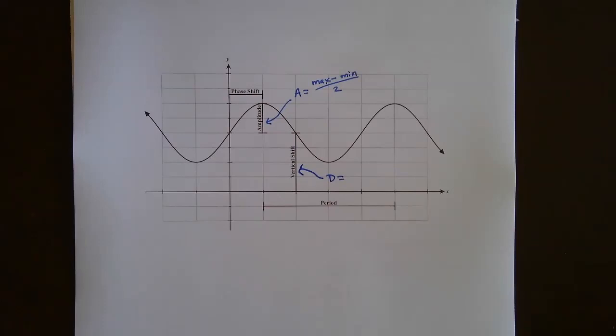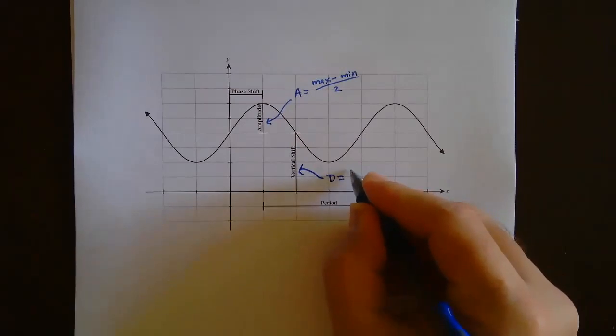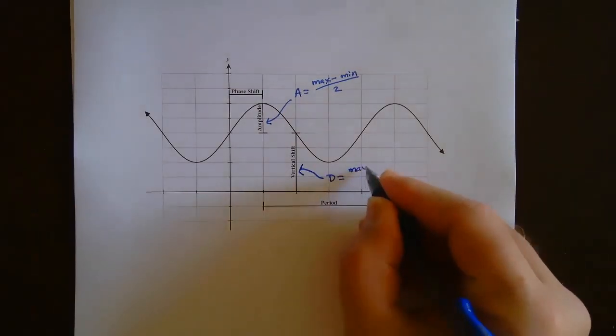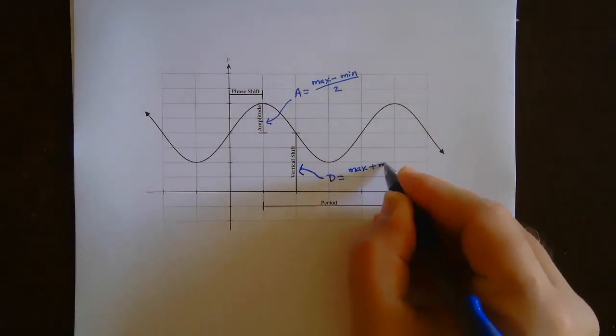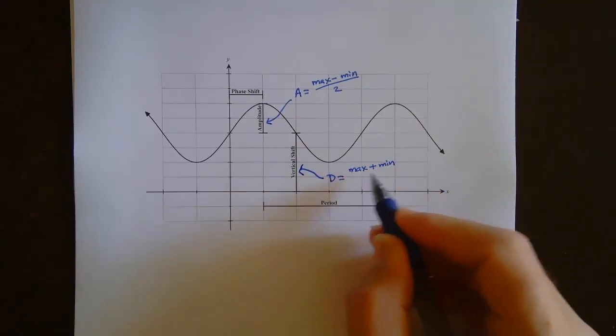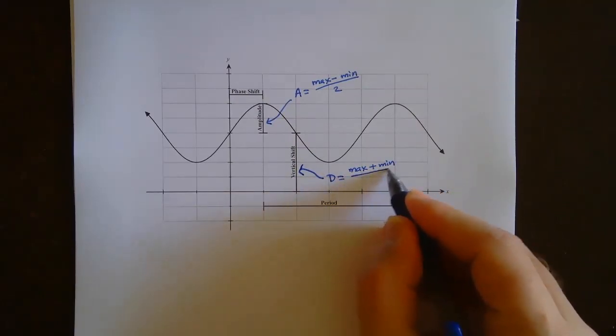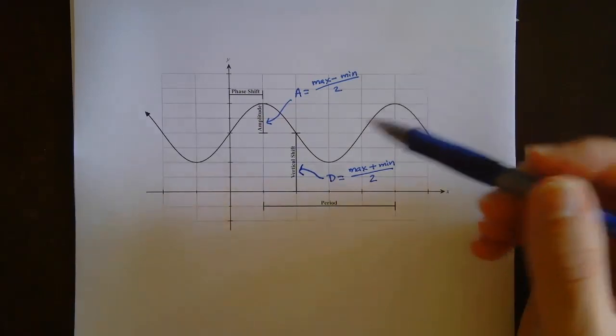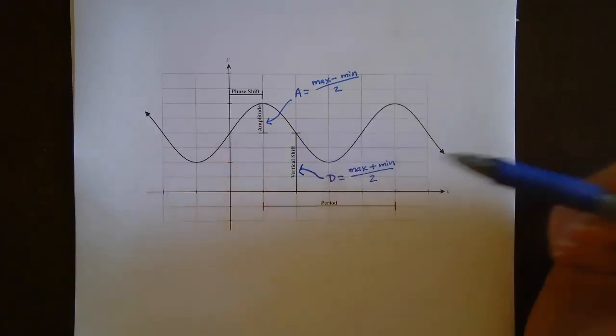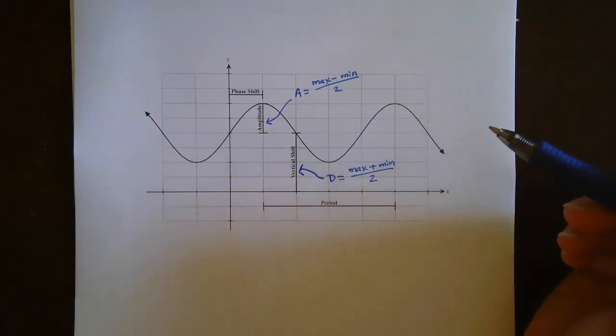Well, to get the middle is the average of the two. So we're going to take our max plus our min, and we're going to divide by 2. That would put us right in the middle between the max and the min. It's the average of the two.